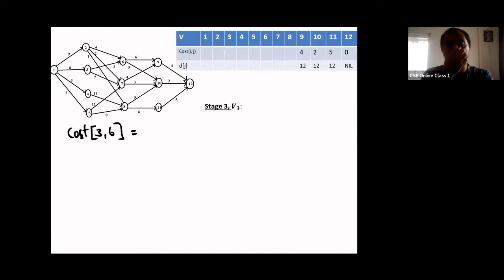Here, as vertex 6 has 2 outgoing edges, we need to choose the best one. To choose the best one, we will apply a minimum of the cost of connecting, that is the weight of 6 to 9, plus the shortest path from 9 to sink, that we can call cost of 4, 9, fourth stage vertex 9 to sink.